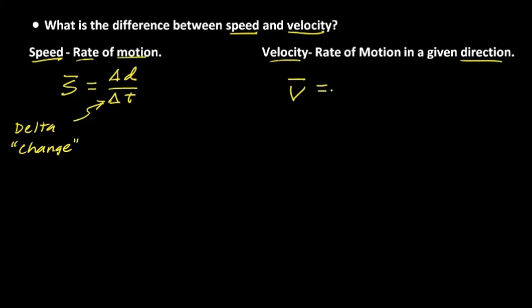is equal to displacement, or change in x. And you might think that d would be used to represent displacement, but in physics or physical sciences, the x is used to represent displacement, and this says change in displacement divided by change in time.